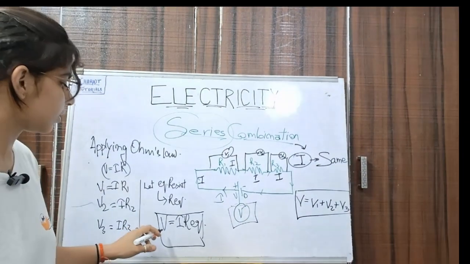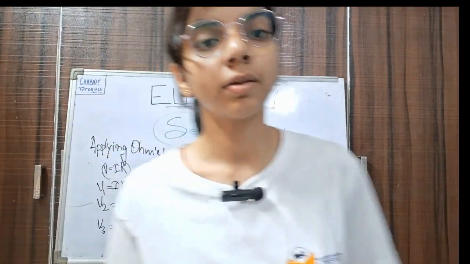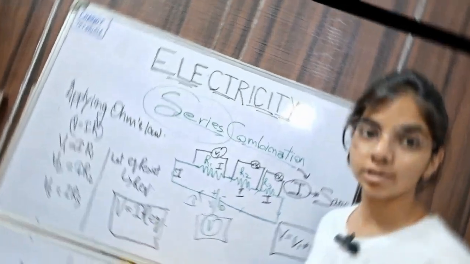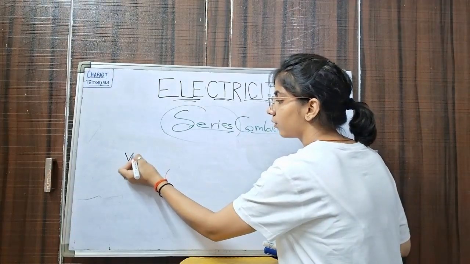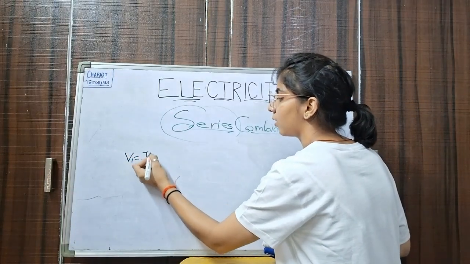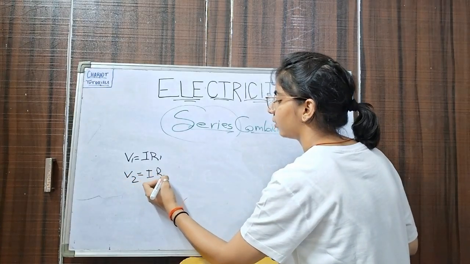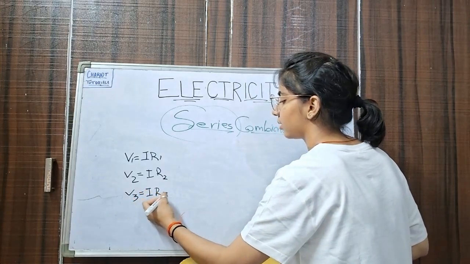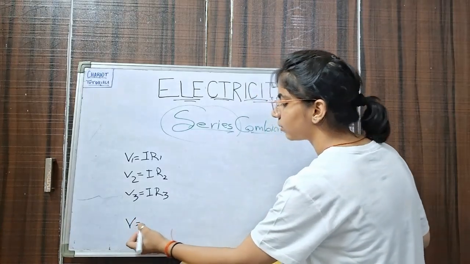So now substituting the values, if we put V is equal to V1 plus V2 plus V3, right? Now I will take some of these important equations. From the previous slide, we have obtained V1 is equal to I R1, V2 is equal to I R2, V3 is equal to I R3, right? And we have also concluded that V is equal to this.